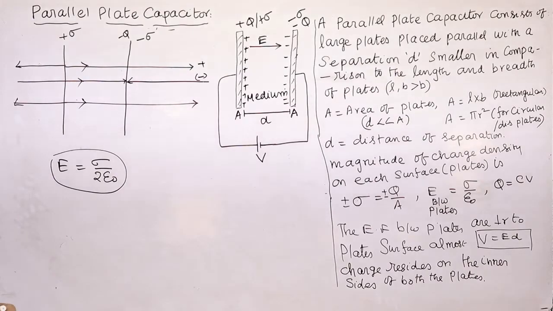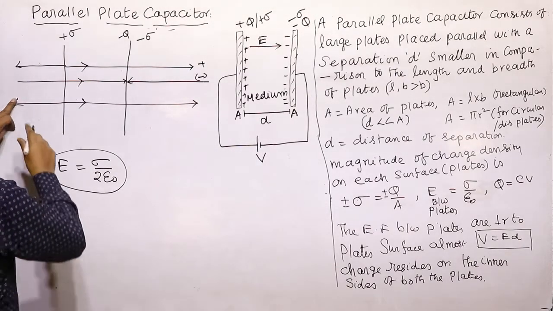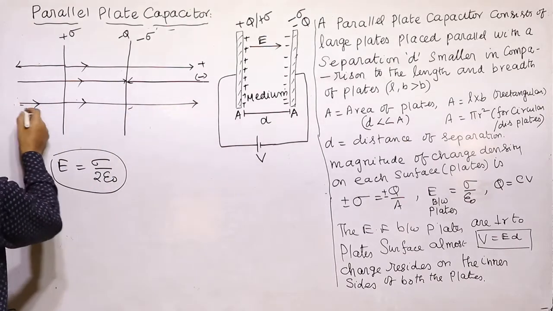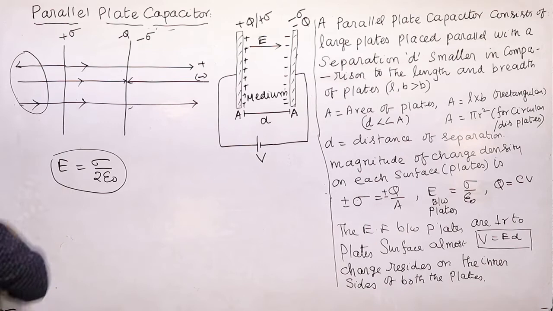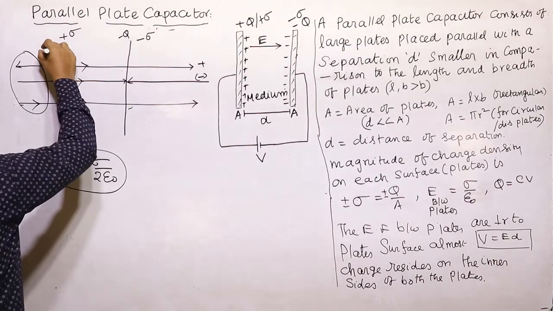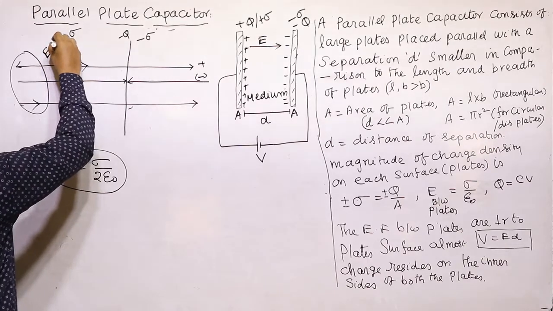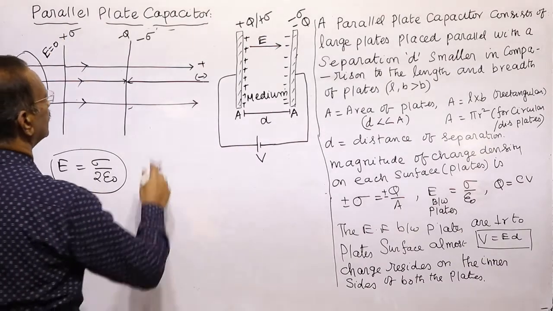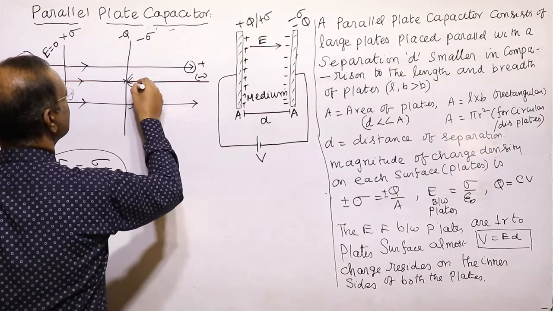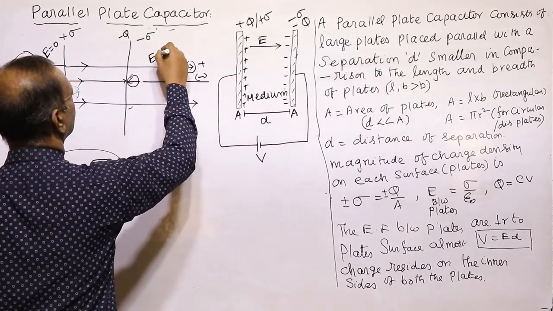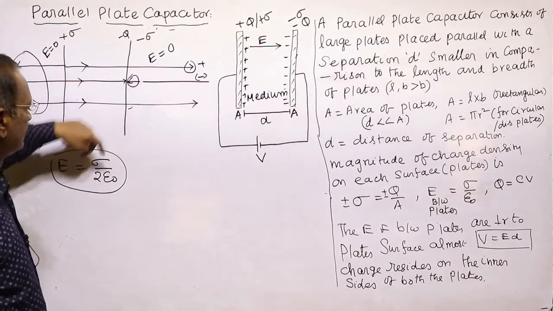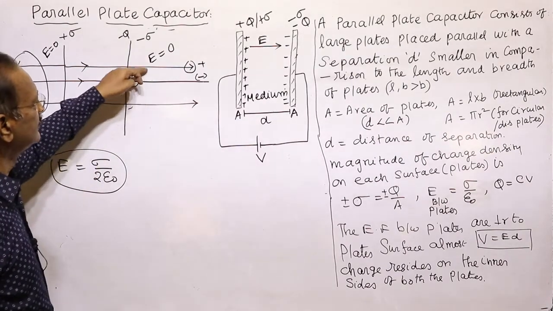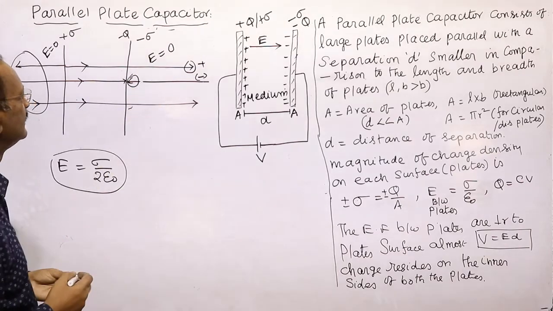What is the electric field inside? See, on this side, due to the negative plate it will go inside, and due to the positive plate it will go outside. Both have the same magnitude but the directions are opposite, so outside the electric field will be equal to 0. The same way here, this is outgoing and this is incoming. The net electric field here is equal to 0, because both have sigma by 2 epsilon naught in opposite directions.